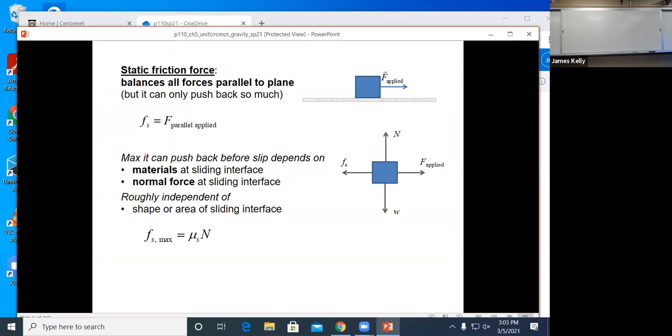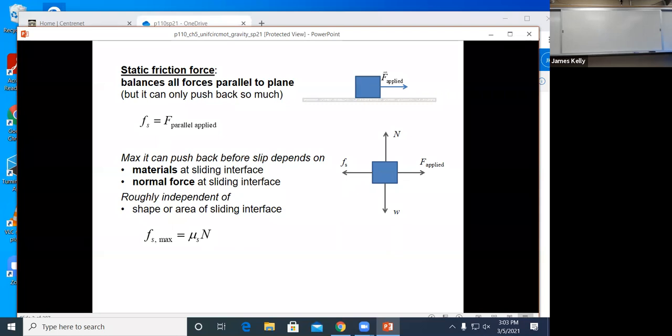And that means there must be an opposing force going in that direction to make the net force 0 and no acceleration along that direction, because the normal force and the weight force aren't really helping at all in the horizontal direction. And therefore there's a friction force which balances out the applied force. So if I push with a tiny force, it pushes back with a tiny force. Push with a medium force, it pushes back with a medium force. If I push with too big of a force, it starts to break free.